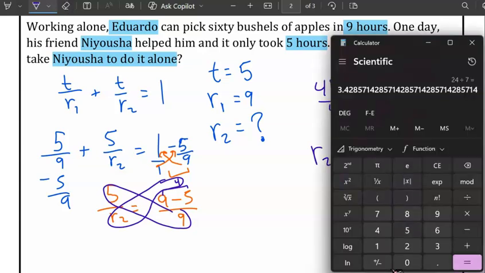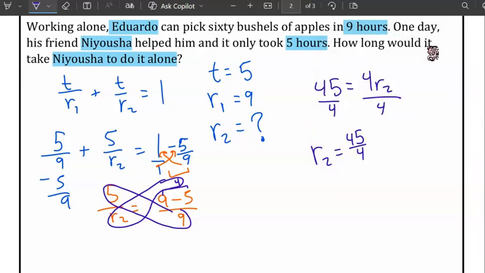Let's approximate this: 11.25 hours. This means it'll take Nusha about 11 hours and 15 minutes to complete this alone.